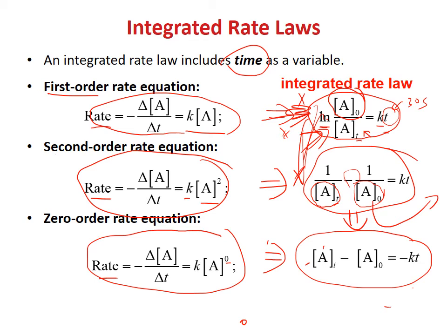Again, if you want to know the concentration at 30 seconds, you can modify this so it becomes AT equals A naught minus KT. So plug in time, K, and initial concentration, then you can calculate the concentration at a certain time.